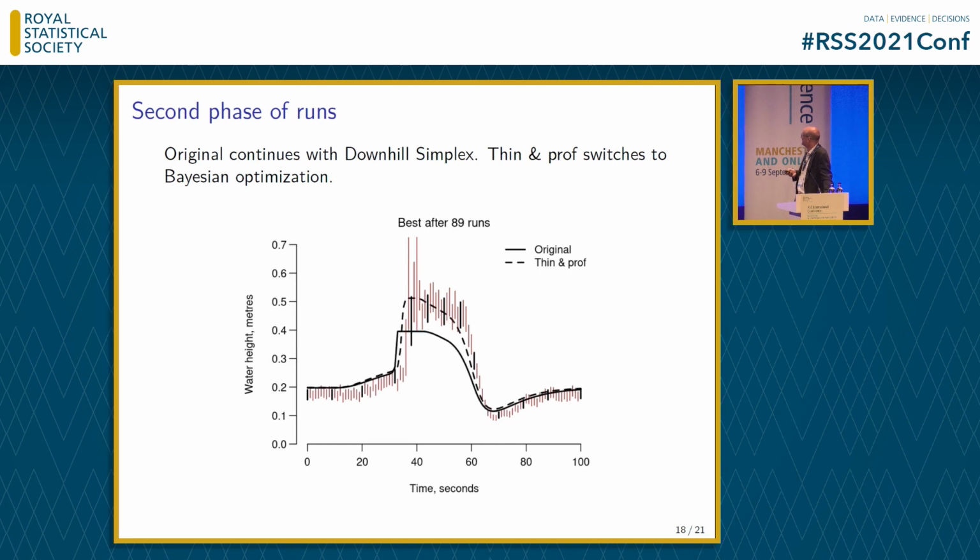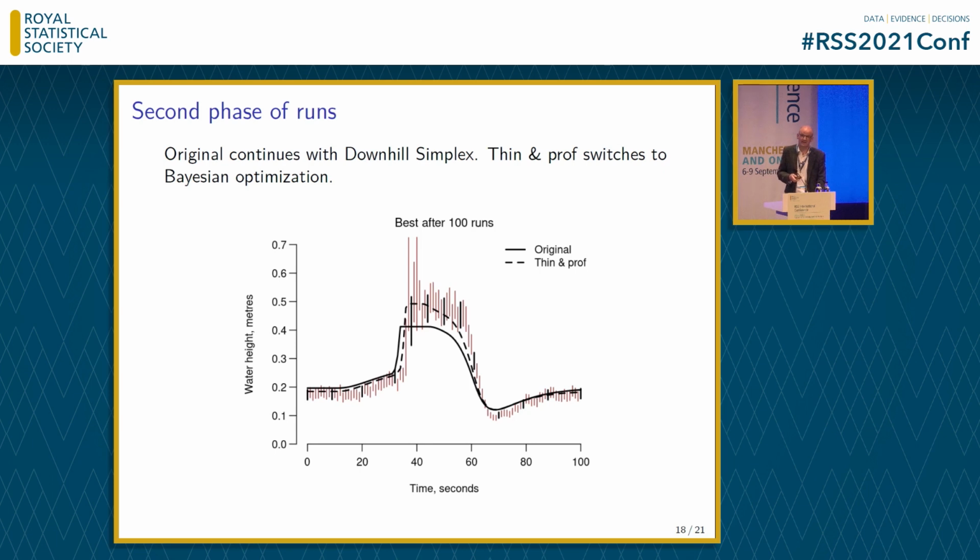Oh, now it started moving. We've only got 10 runs to go, so it's got a lot of catching up to do. No, it didn't make it. Okay, but we understand why. If we do the maths, it's quite easy to see that the engineering likelihood surface is really lumpy. It's hard for any numerical optimizer to move around a lumpy surface.